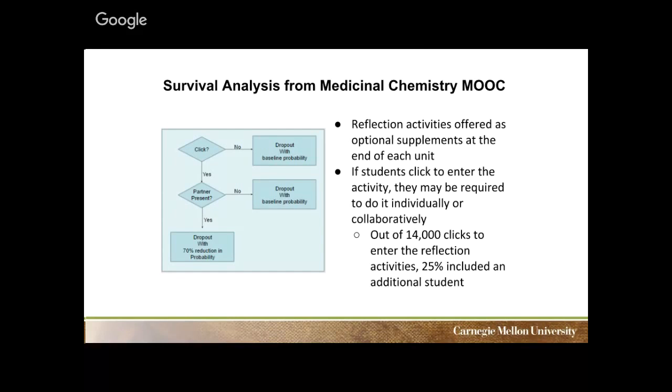What we found was that the students who clicked to enter the activity and there was another student there for them to do the reflection with experienced a 70% reduction in probability of dropout by the next time point. If they clicked and there was no partner present, then their probability of dropout by the next time point was exactly the same as those students who didn't click.